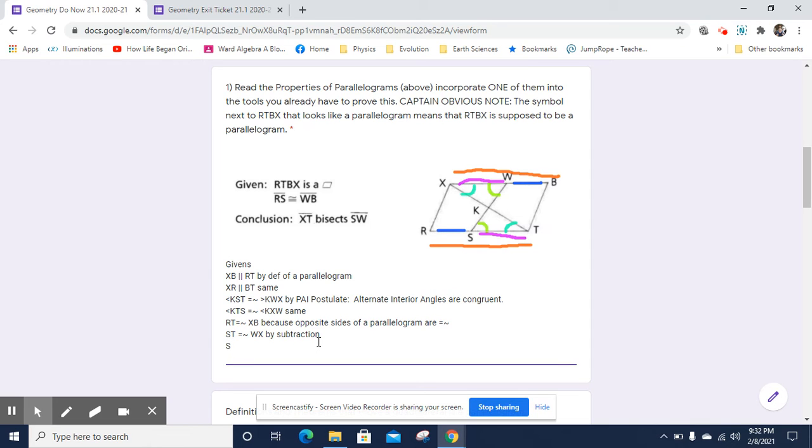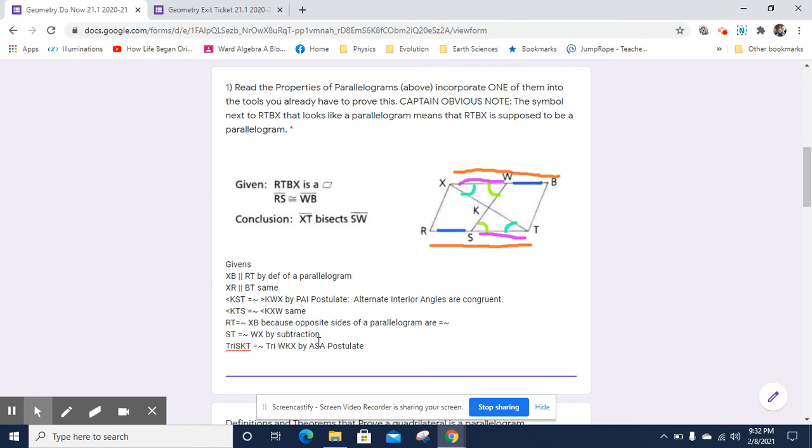So triangle SKT is congruent to triangle WKX by angle side angle postulate. Okay, now that we've got that, we can say that SK is congruent to WK by CPCTC. Corresponding parts of congruent triangles are congruent.